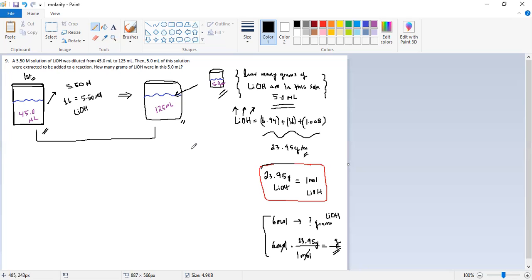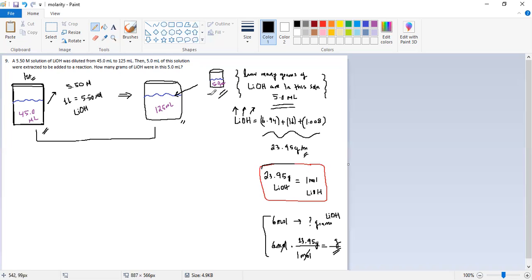So the idea is that, whether you have 45 milliliters or 125 milliliters, you've just added liquid. So moles are going to be constant, right? You're not changing the amount of solute that you're adding. You're essentially changing the amount of liquid that you're adding. So in that case, your moles would essentially be the same.